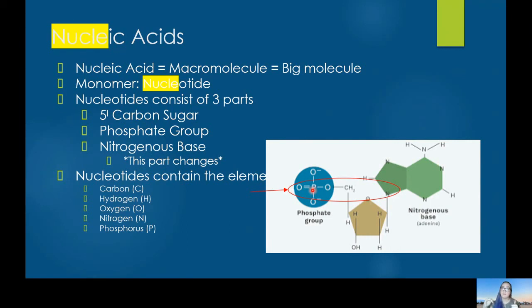So remember, carbohydrates and lipids have carbon, hydrogen, and oxygen, CHO. And then proteins added N for nitrogen, CHON. And now with nucleic acids, we move on to CHOMP with phosphorus. So this is the add-on, the phosphate group. So you're going to see a P there. So we've got our 5-carbon sugar, we've got our phosphate group, and then we've got our nitrogenous base. And you can tell that's the nitrogenous base because it has a lot of nitrogens, okay?